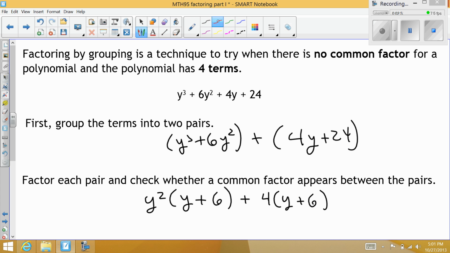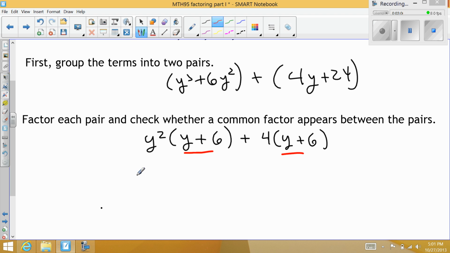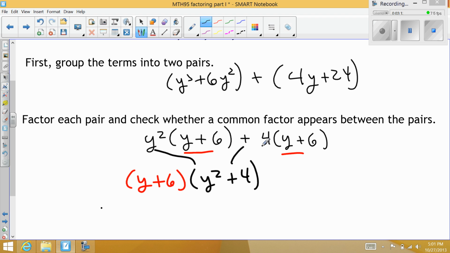And now looking at these, we can see we do have a common factor, the y plus 6. So we can undistribute out that y plus 6, that's common, and that leaves behind the y squared plus 4, and we've now factored this into a binomial times a binomial.